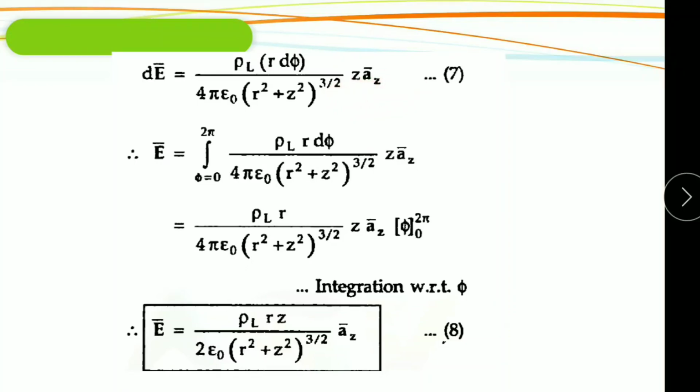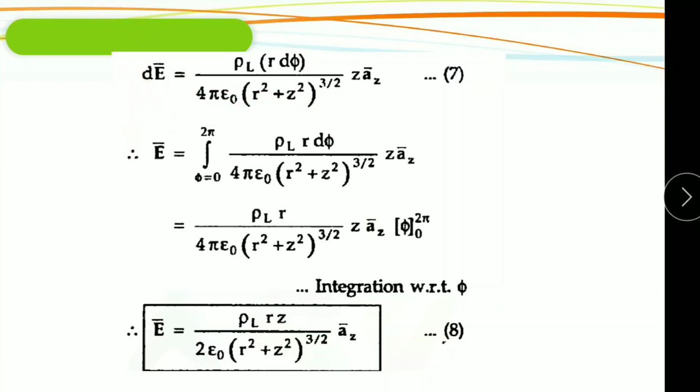Here the variable in this expression is phi, so it is a cylindrical coordinate system. We already know the limits of phi are 0 to 2 pi. Now to get the total electric field at the point P due to the circular ring, we have to integrate both sides of this equation.